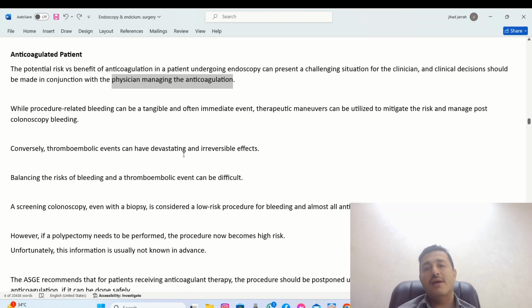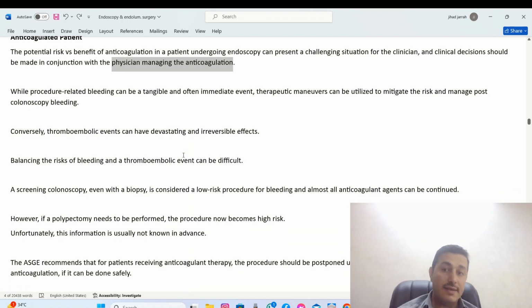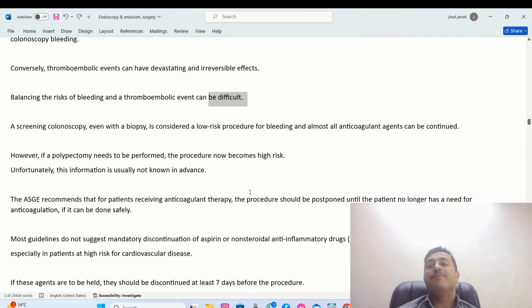So a hematological consult may be needed. Actually, you have to balance the risk of bleeding that can happen if we continue anticoagulation against the risk of a thromboembolic event if we stop the anticoagulation. And this is actually difficult, not that easy.